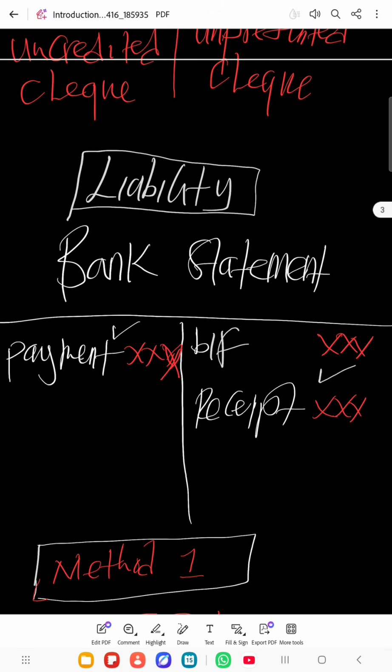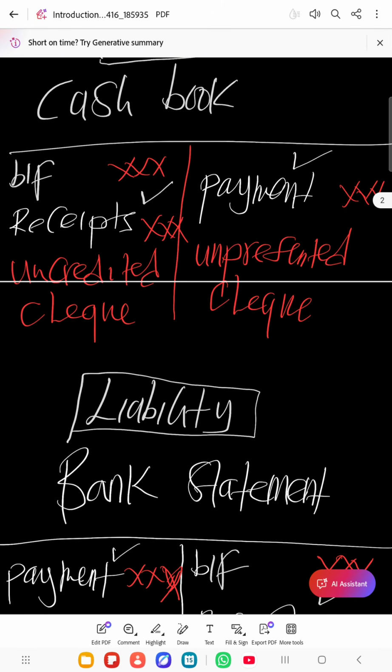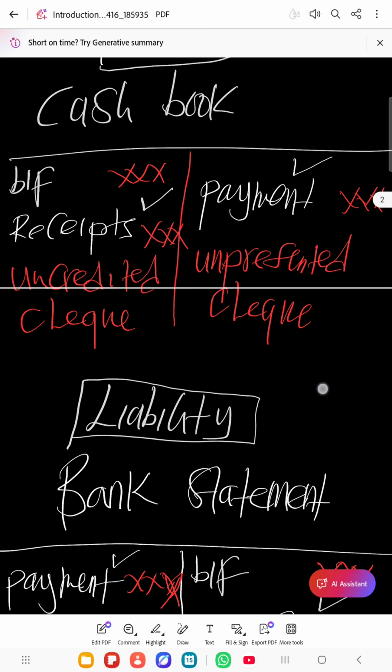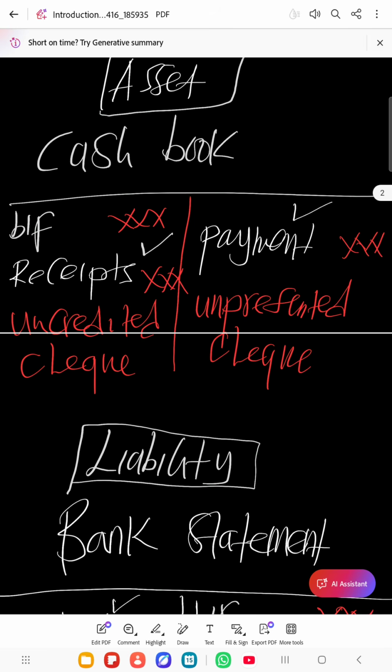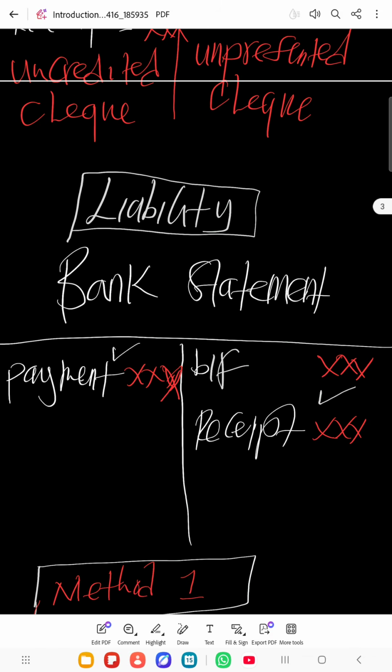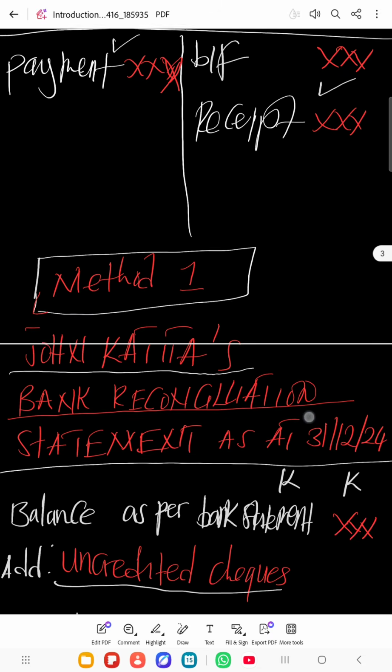So that's what I wanted you to note: all transactions on the credit side of the cash book are found on the debit side of the bank statement, and all transactions on the debit side of the cash book are found on the credit side of the bank statement.